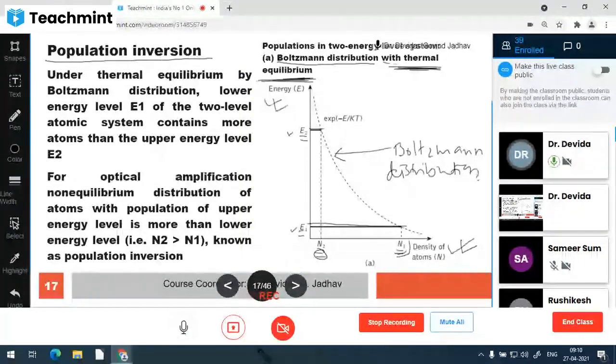So a large number of charged particles or atoms are in the valence state, lower energy level, and a small number of charged particles or atoms, because this is density of atoms N, are in the higher energy state E2. This is in the thermal equilibrium state. Normally it is observed.